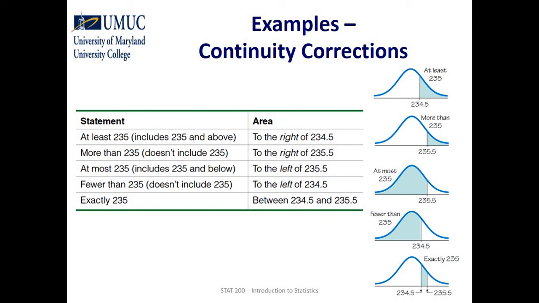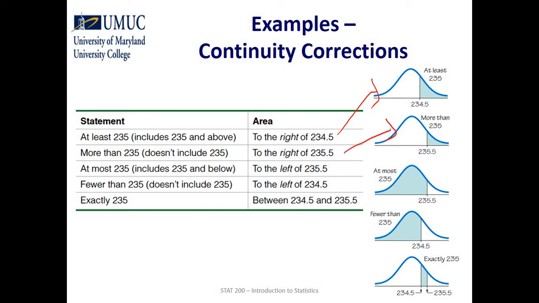If we go back to our example, we had 235 wins out of 431. If we wanted at least 235 wins, this includes 235 and above, so we do the area to the right of 234.5. If we do more than 235, this does not include 235, so we do the area to the right of 235.5.